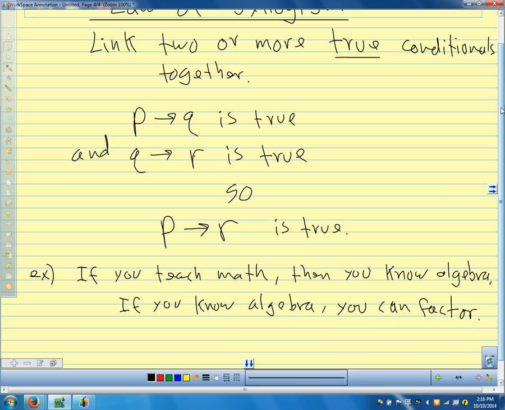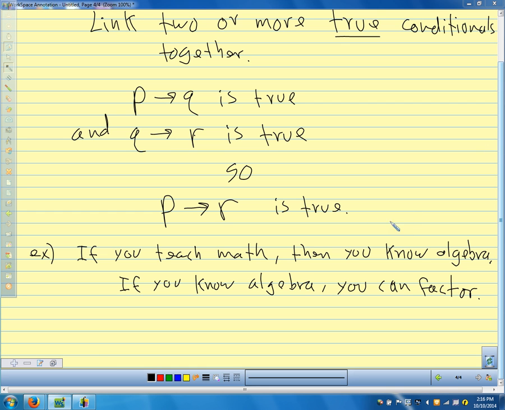So what is the conclusion that we make from this? If you teach math, you can factor. The first part leads to the last part. So we're just linking these together. And we can link more than one. Yesterday you linked three at least. Some of you did even more than three. So we can just link these back to back.